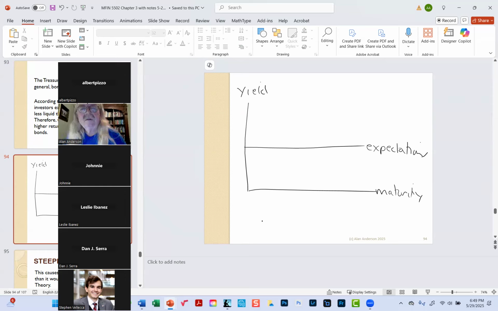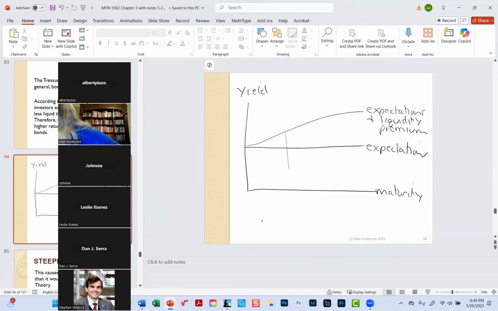If they expect some kind of a premium for investing in longer term bonds, then you're going to get this upward shape.